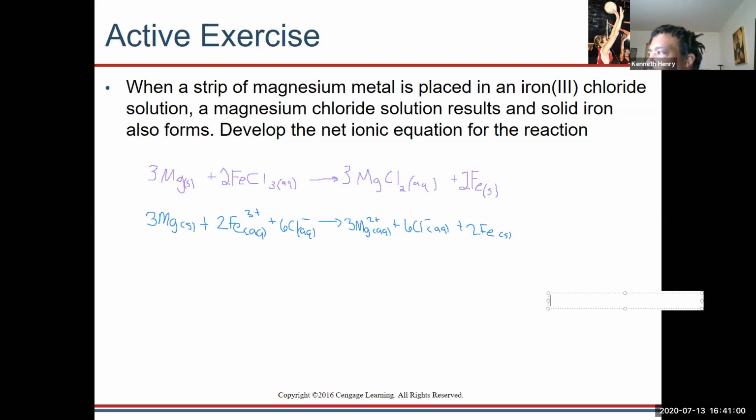Okay, good job, good job. Okay, group number 4. Give me the net ionic equation. Or no, first identify the spectators. Group number 4.